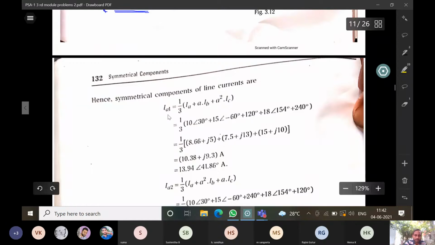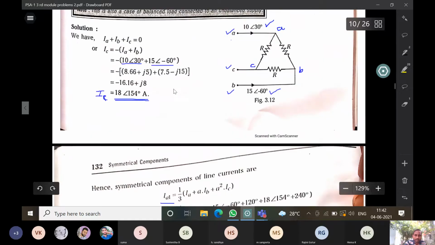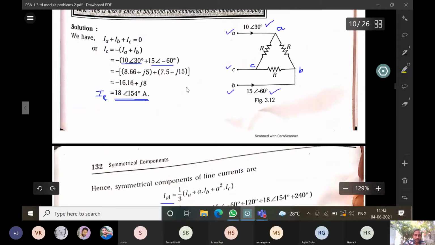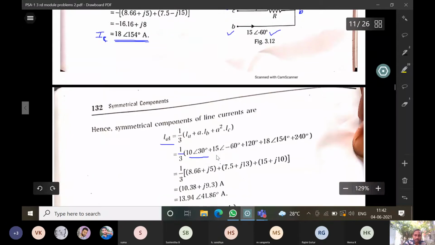In IA1, 1 by 3 of IA, the value is 10 at an angle 30. Substitute here 10 at an angle 30, and the IB value is 15 at an angle minus 60.